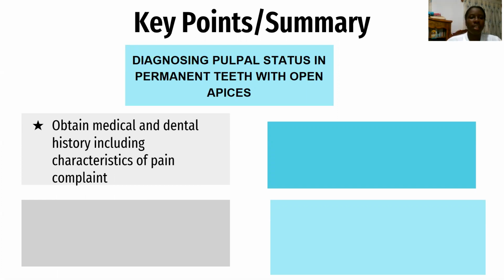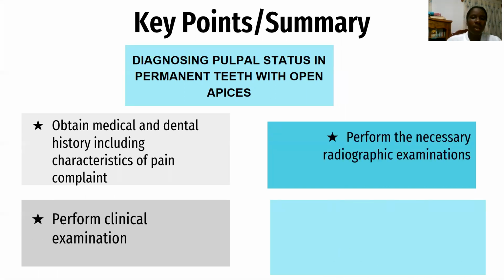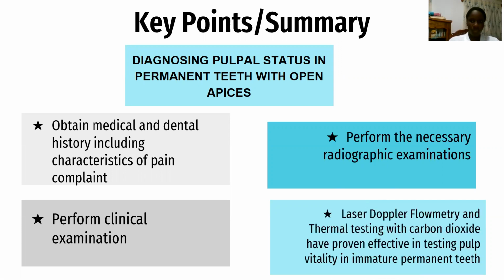So after obtaining the relevant histories from the patients, a clinical examination will be performed. Necessary radiographic examinations will be performed as well. Worthy of notation is that laser Doppler flowmetry and thermal testing with carbon dioxide have proven effective in testing pulp vitality in immature permanent teeth.